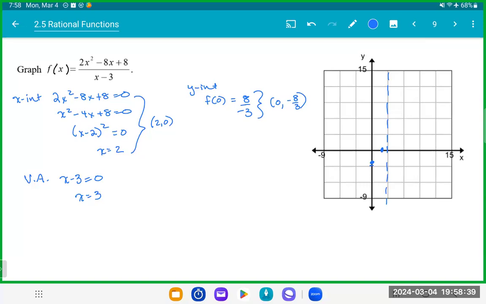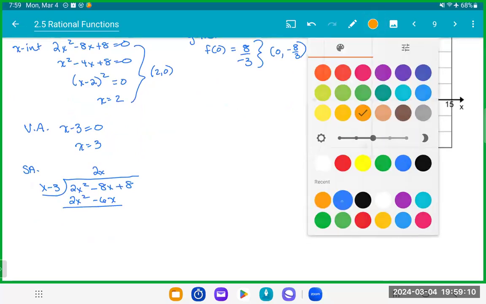We have a slant because our numerator is exactly one degree larger than our denominator. So to calculate our slant asymptote, remember that we have to divide the numerator by the denominator. So this is x minus 3 divided into 2x squared minus 8x plus 8. That's going to give me 2x. So that's 2x squared minus 6x.